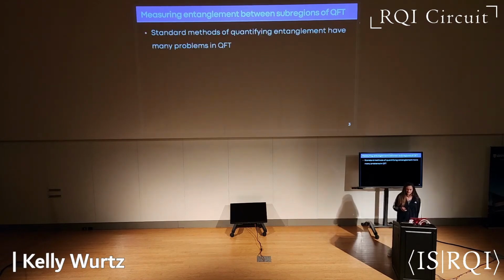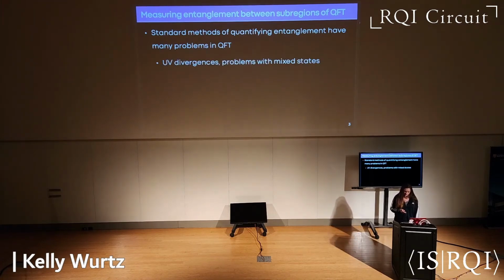And this is a problem that we do need to solve because standard methods of quantifying entanglement of a system directly typically run into lots of issues in quantum fields. For example, we get divergences in the continuum limit when we try to calculate the entanglement entropy between a region and its complement, or we have issues when it comes to finding entanglement between disconnected regions because these are mixed states and many entanglement measures no longer apply.